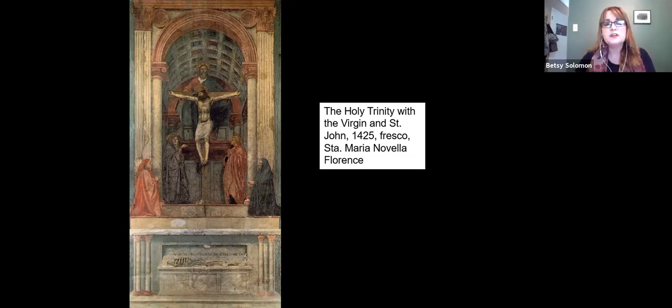Now, what's particularly significant about this painting is its perspective, because this is one of the first times that we see Masaccio very much taking hold and grabbing onto this idea of linear perspective. And think back to those diagonal lines we saw in the diagrams.